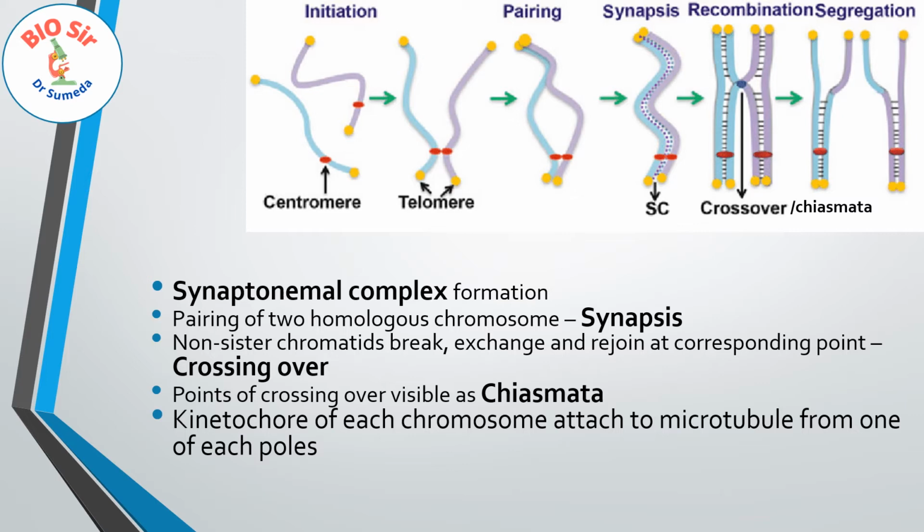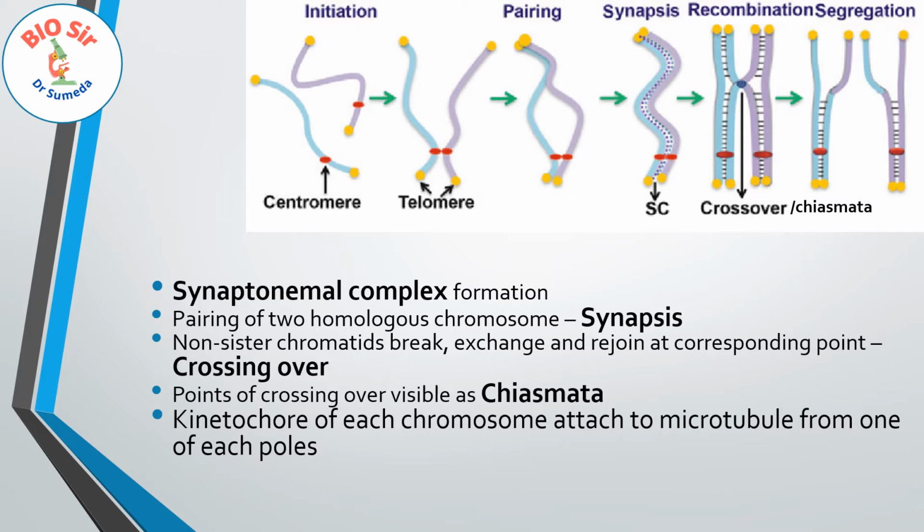This is called synaptonemal complex formation. What is it? In the synaptonemal complex, we have pairing of two homologous chromosomes. The homologous chromosomes pair up, and you call this synapsis.